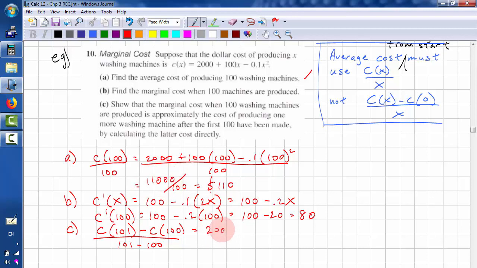So 2,000 plus 100 times 101 minus 0.1 times 101 squared minus 11,000. This equals 11,079.9 minus 11,000.